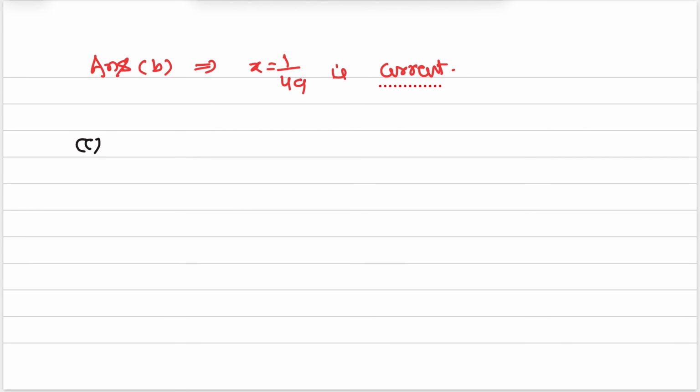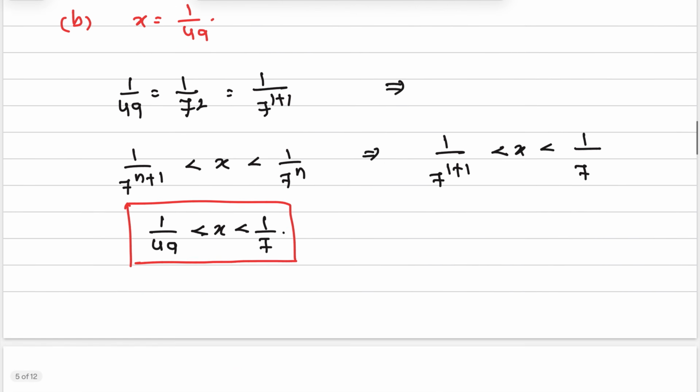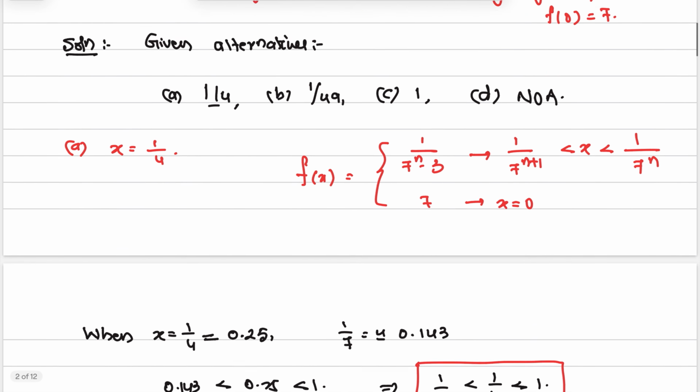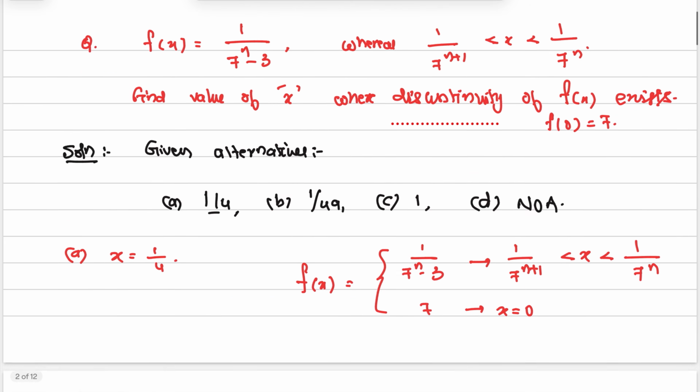Option C, x is equal to 1. What does it mean? Is it x is equal to 1? Let me see the question. Yes.